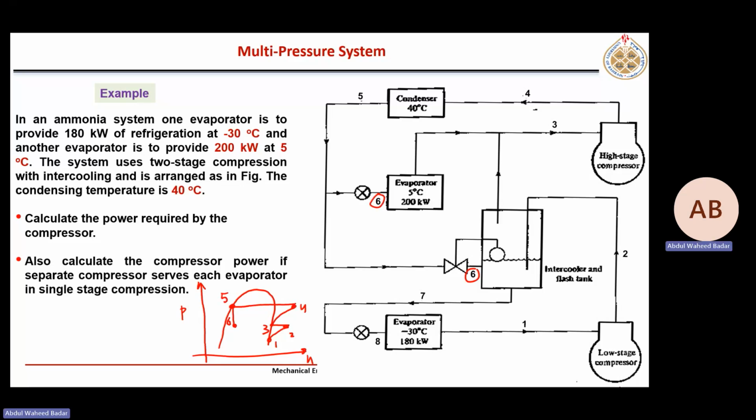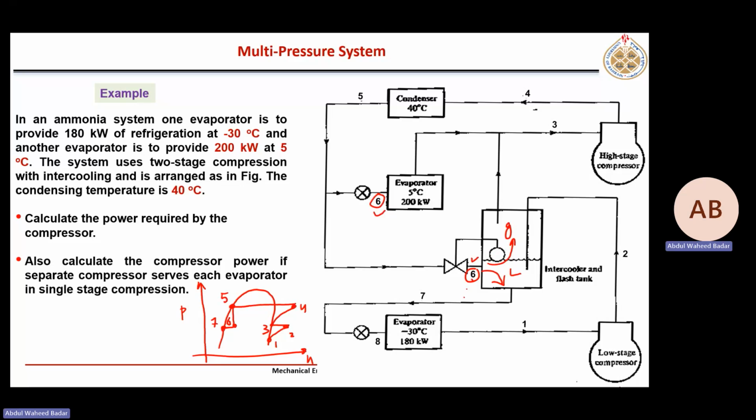Then 6 to 7. Both are 6. Why both are 6? Because both are at the same pressure and temperature. But this 6 divides into 2 parts. Liquid is separated and gas is separated. So 6 to 7 is liquid separation.